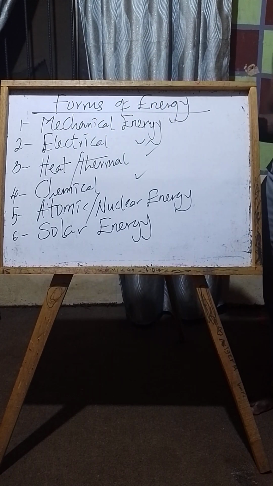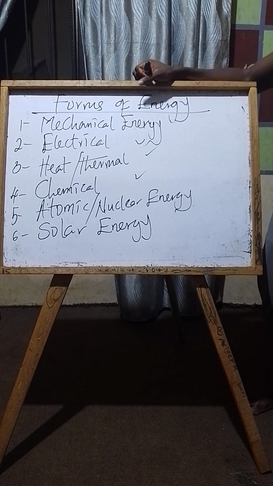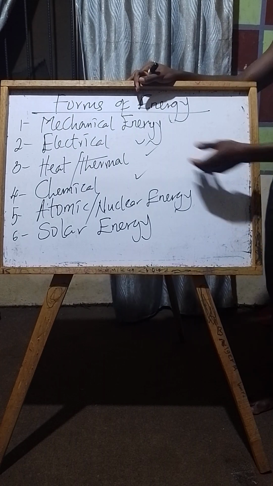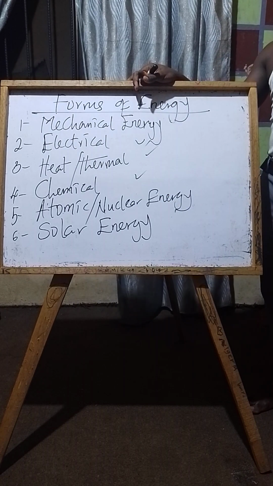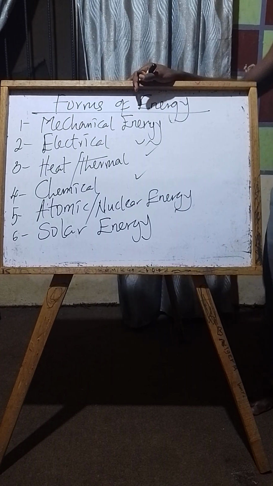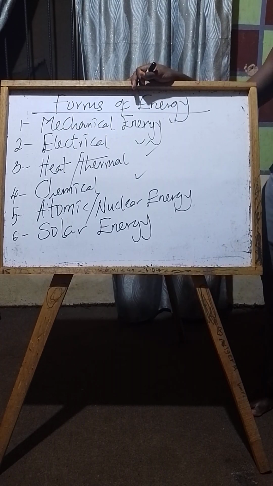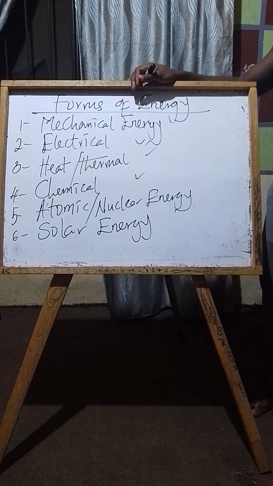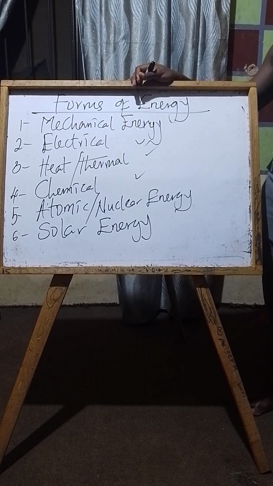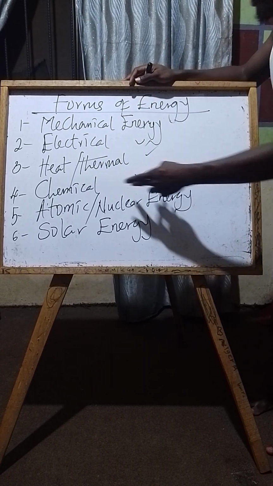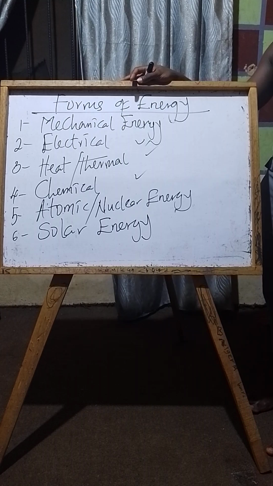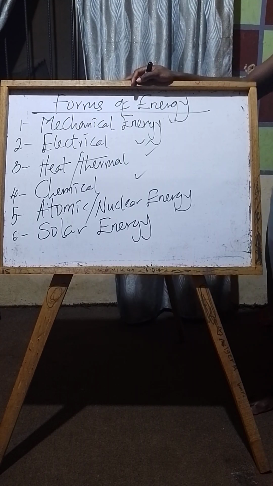Electrical energy, you can see in your household appliances and so on. Heat or thermal energy, you can see in your cooking stove or your gas, or even in the engine of a car. There is heat there. Then you see chemical energy. Chemical energy is not all liquids that can produce energy.